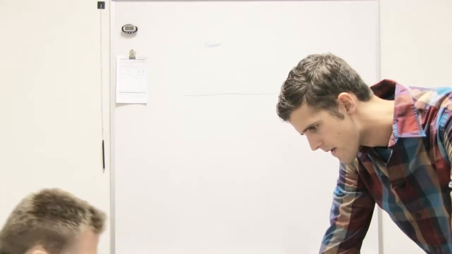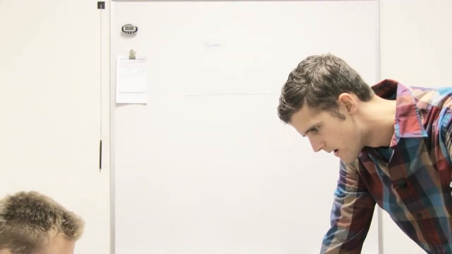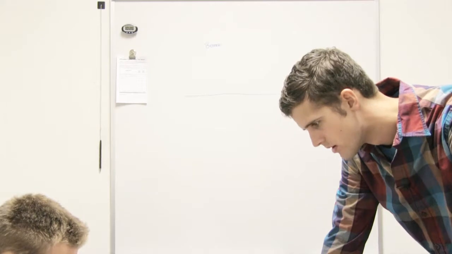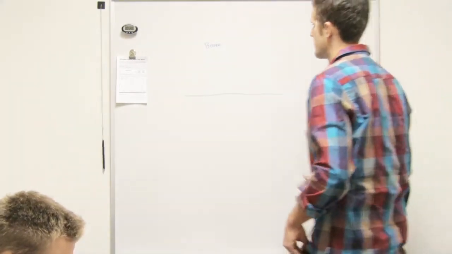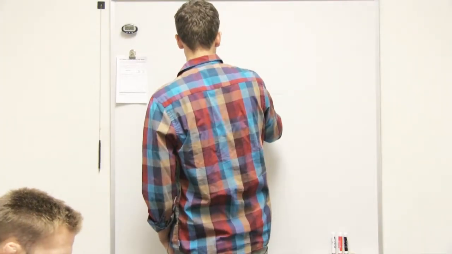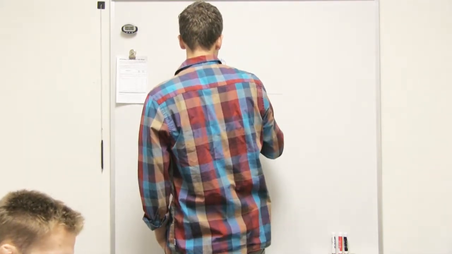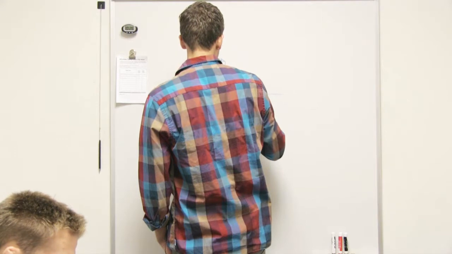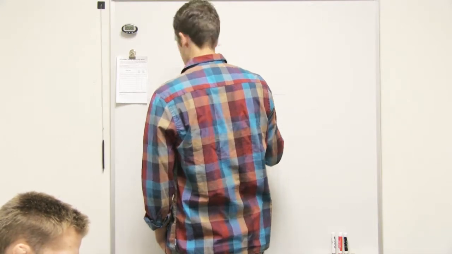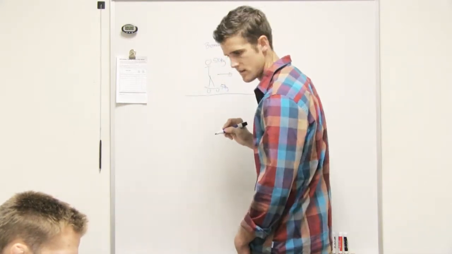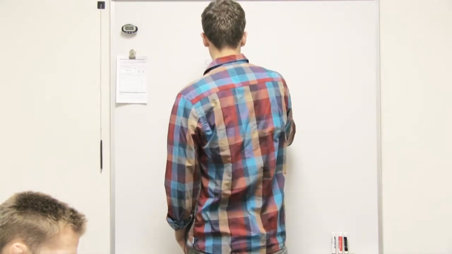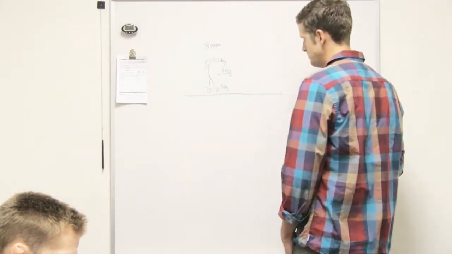Okay. So Dan is gliding on the skateboard at 4 meters per second. He's 50 kilograms. Skateboard's 5 kilograms. And 4 meters per second? Yeah.